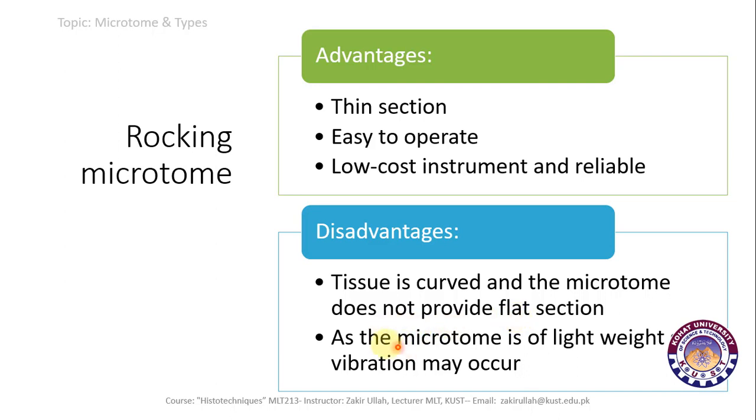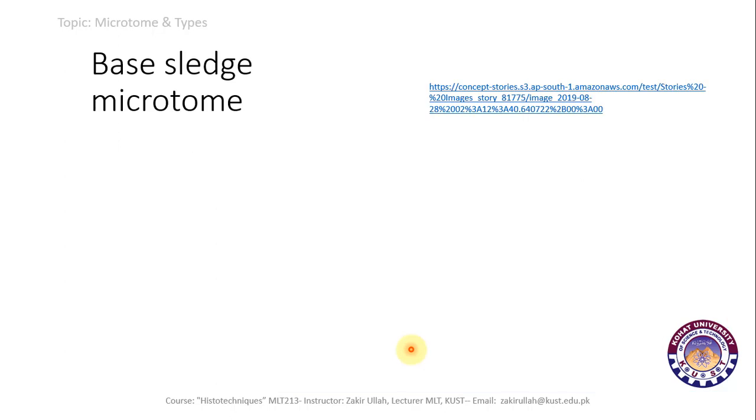Because of its light weight, a slight vibration may occur while it is working, which may disturb the ribbon production or the sectioning process. So these are the two disadvantages of the rocking microtome.